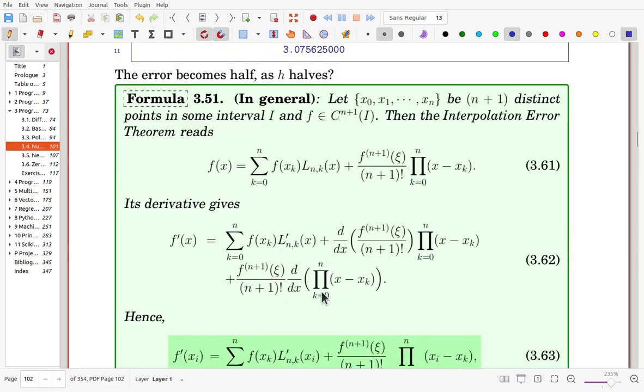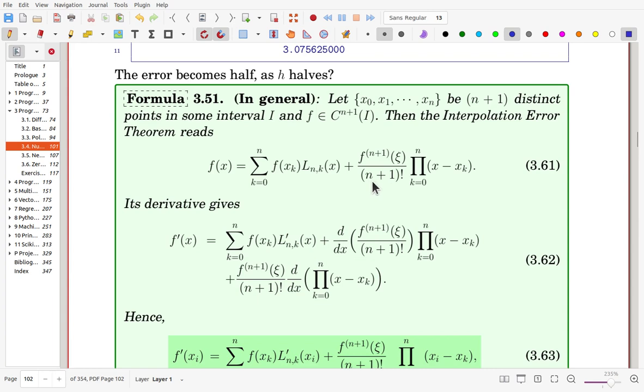In general, rather than two points, start with just n plus 1 distinct points, then the interpolation error theorem reads in this way. We already know that from the interpolation error theorem. Now, if we differentiate, then we get here f prime equals, for these cardinal functions, we have here the derivative.